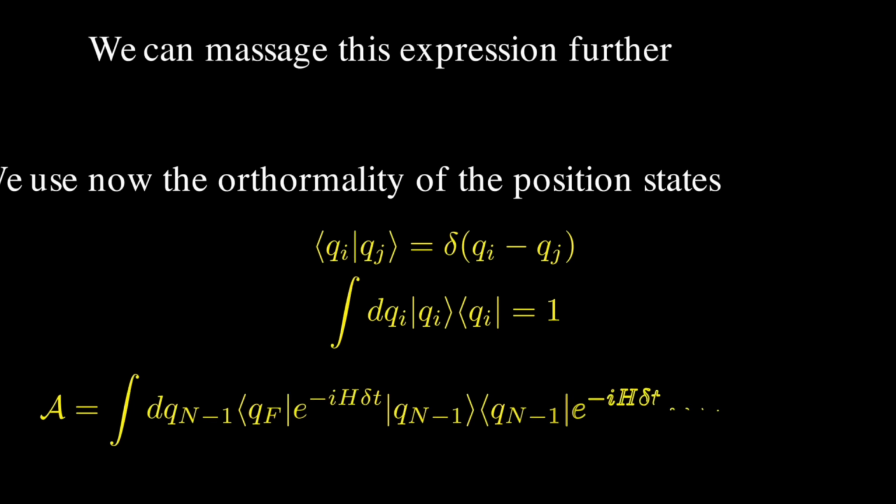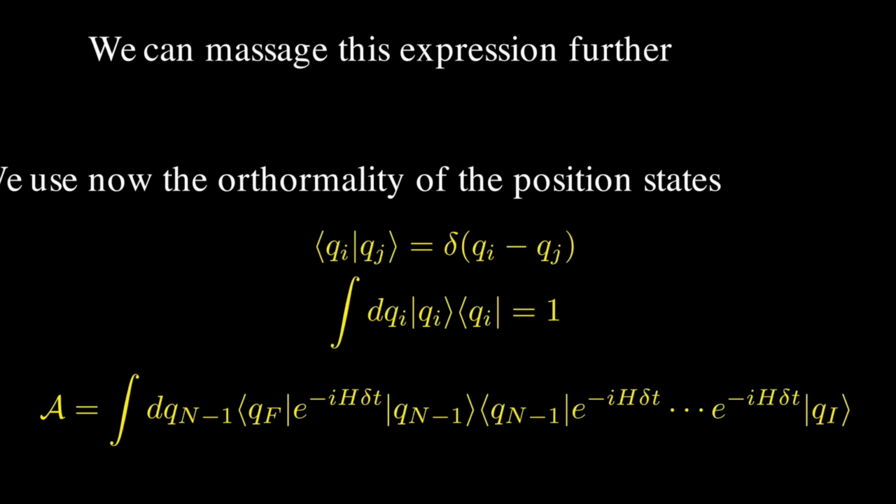And now if we insert, for example, the other identity of the identity operator inside our expression for the amplitude, for the state n minus 1, so this identity operator can be used with any state. Let's say we use it with the state n minus 1, then we would get an integral inside our amplitude of the n copies of the unitary operator as we've seen in the previous slide.